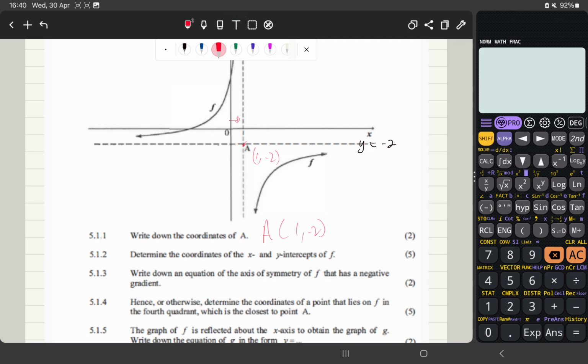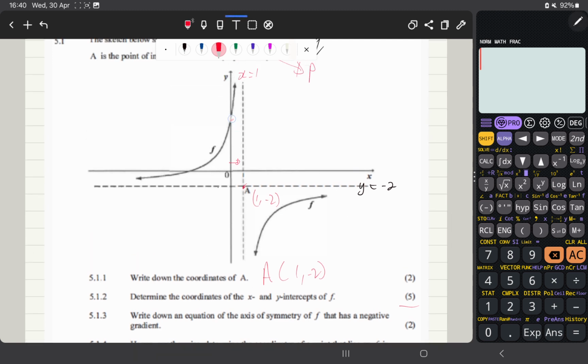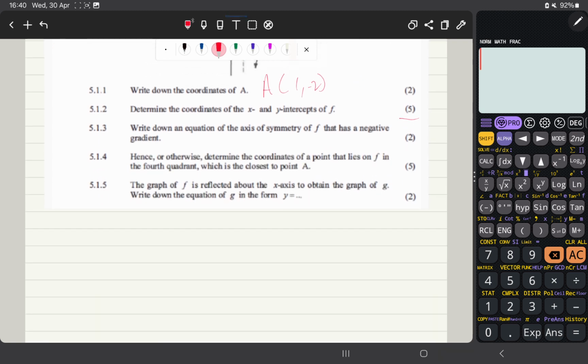Now the other thing is to determine the coordinates of the x and y intercepts. That one is 5 marks, so we're going to have to calculate. One thing we already see here is that we have the y-intercept on this side and the x-intercept on the other side. So let's go on with it.